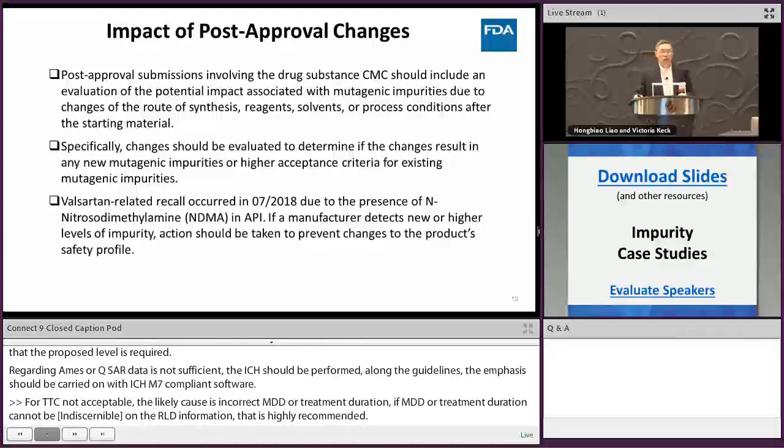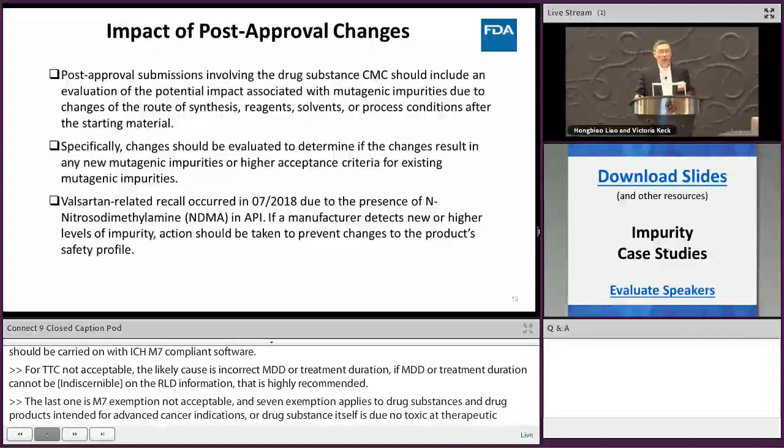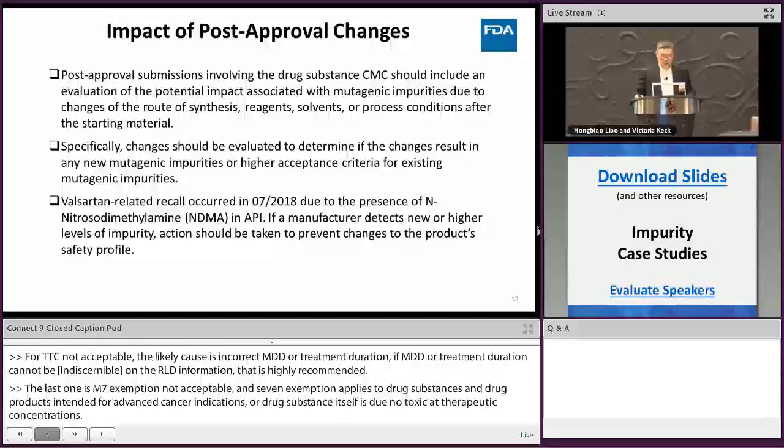This slide is about post-approval changes. Control of PGIs doesn't stop after DMF becomes adequate. Post-approval submissions involving drug substance CMC changes should include an evaluation of potential impact associated with mutagenic impurities. Specifically, changes should be evaluated to determine if the changes result in any new mutagenic impurities or higher acceptance criteria for existing mutagenic impurities.